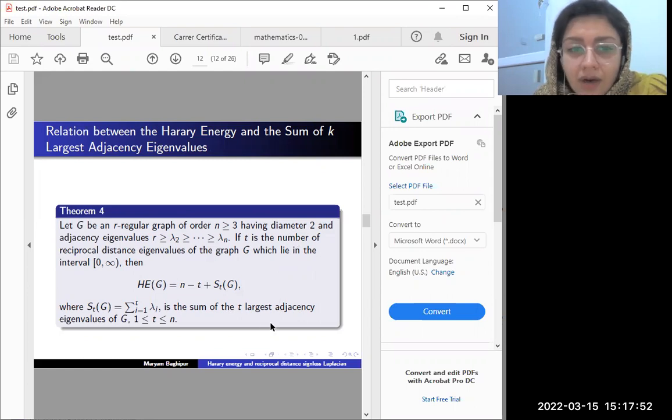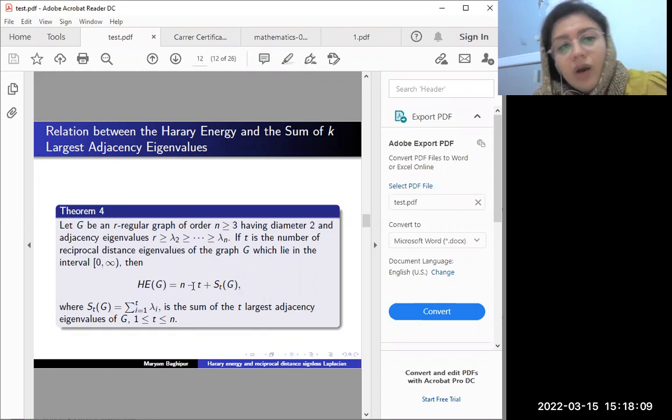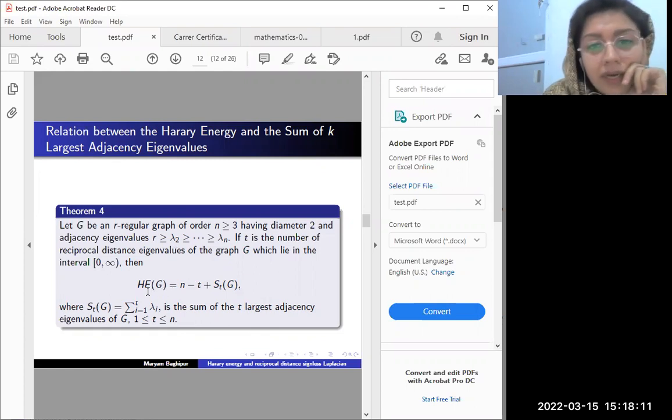There are some papers on the sum of the t or k largest adjacency eigenvalues. That's why here we tried to obtain a relationship between Harary energy and the sum of the t largest adjacency eigenvalues.